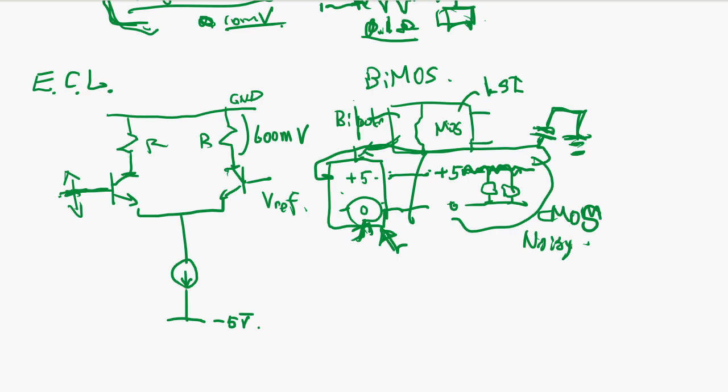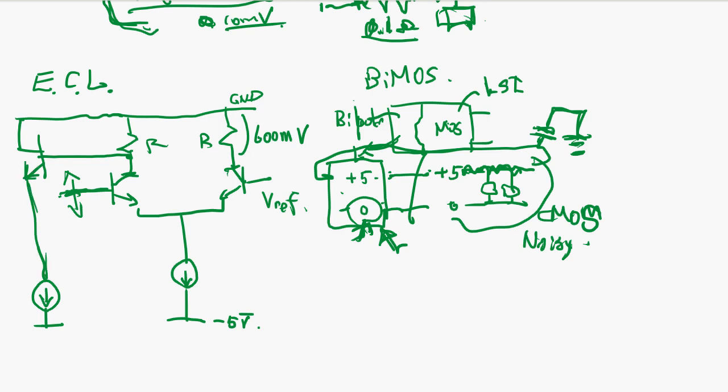Output is going to be like this. The reason why you take output from the emitter is, number one, to match up the signal level.